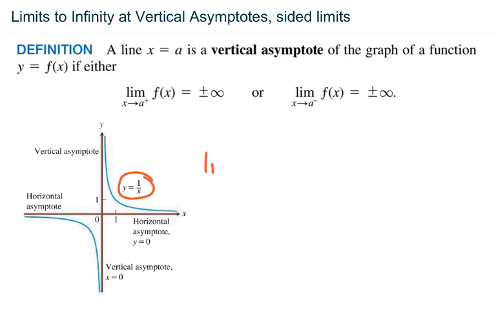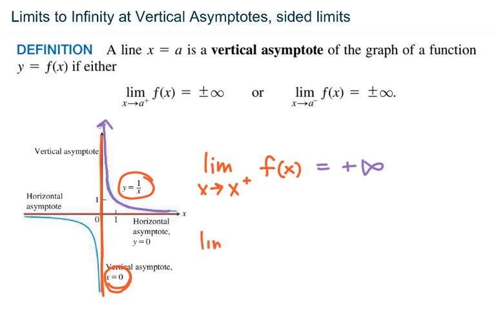If we were to look at the limit as x approaches 0, because we have a vertical asymptote at x equals 0. So if we look at the limit as x approaches 0 from the right of that function, where does my graph go? As we go towards 0 from the right, the graph is going to go to positive infinity.